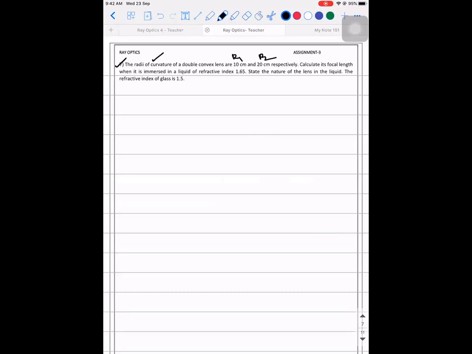State the nature of the lens in the liquid. The refractive index of the glass is 1.5. I'm sure you can do the first part of the question, calculating the focal length when it is immersed in the liquid. That part I'm leaving to you. But look at the refractive indices, try to connect it to the concept which I explained in the previous class, and tell me what will be the nature of the lens in the liquid.